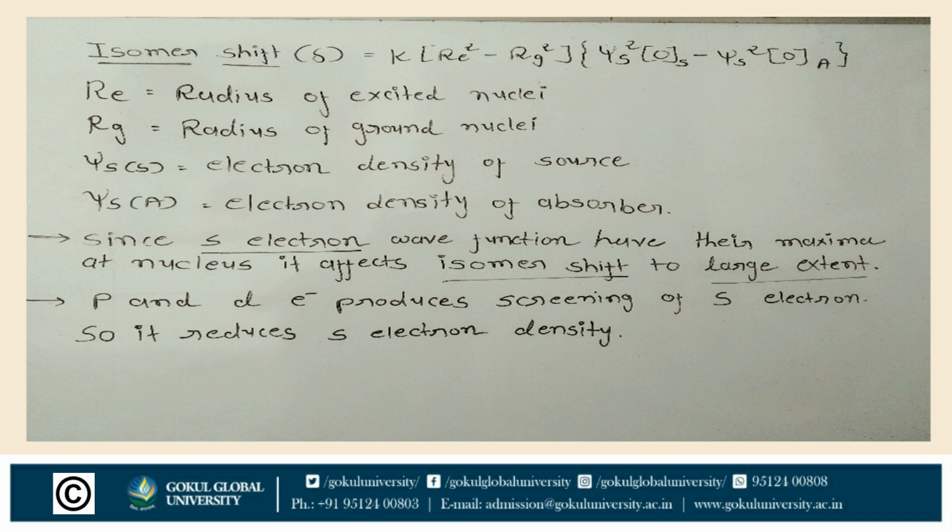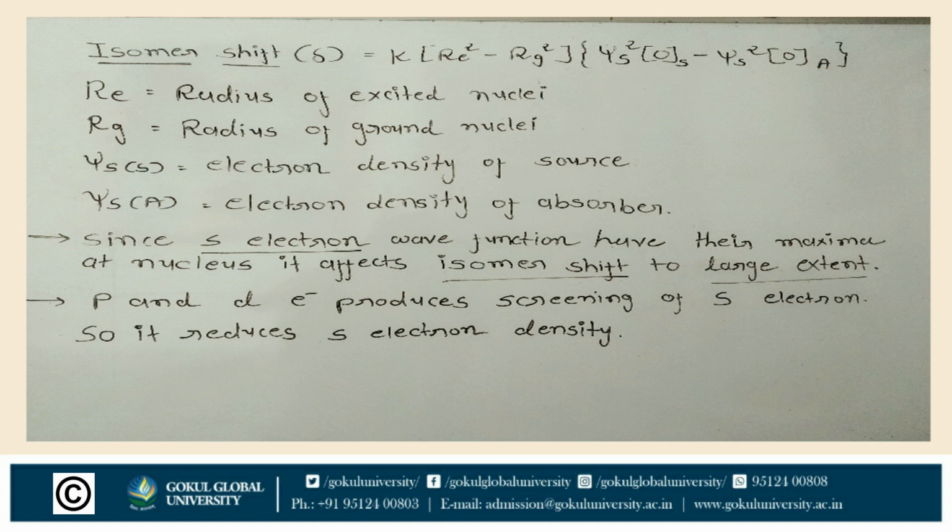Here we take majorly the s electron density. Why? Because the s electron wave function has its maximum at the nucleus. It affects the isomer shift to a large extent. While the p and d electrons produce a screening effect on the s electron, it means they cause shielding of the s electron.